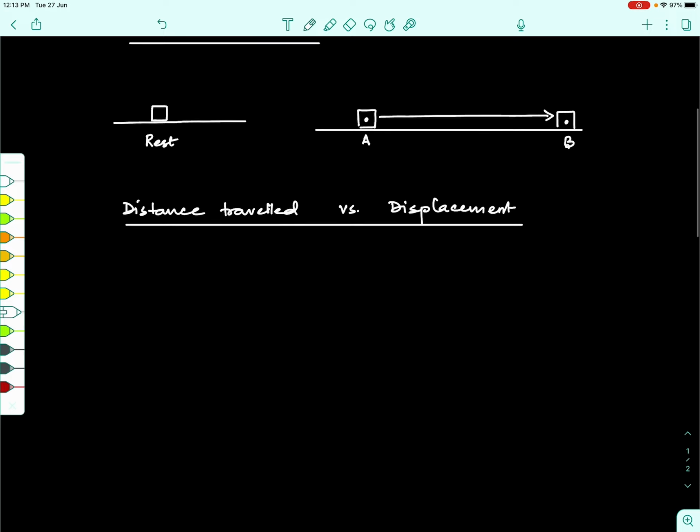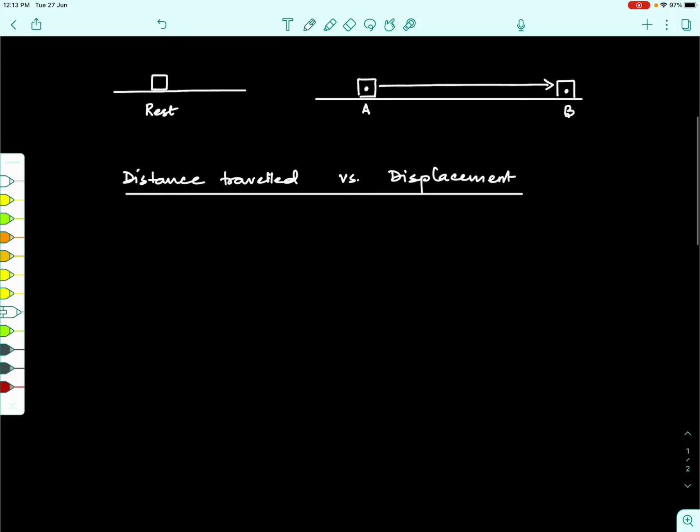So to understand this, we shall take the same example of a body which was, let's say, at position A initially, and finally it is found to be at some other position B. Now in general, in order to move from A to B, the body can take any path, right? It does not necessarily move along the straight line joining A and B.